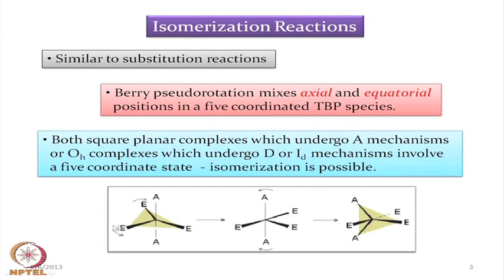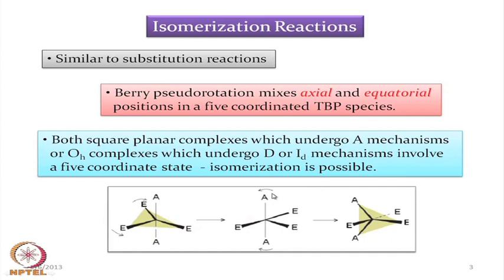So, we have this. A means the corresponding axial bonds and E means the corresponding equatorial bonds. This is the trigonal bipyramidal geometry, and if these two E move from this side to that side, we get a typical square pyramidal geometry where this A and this E make the square plane.